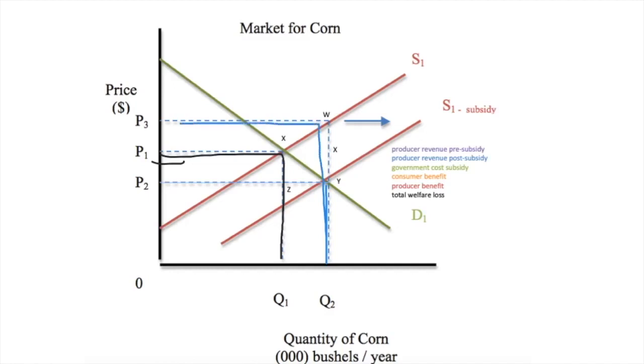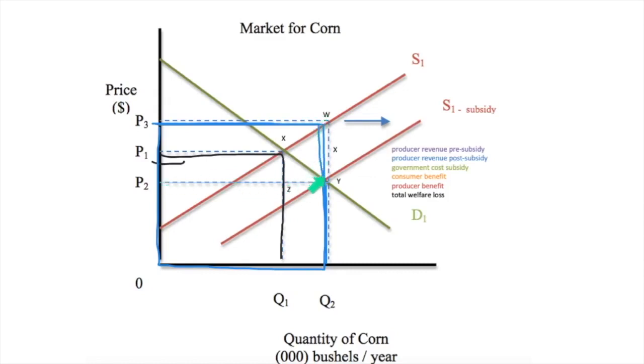P3 and then over. So the producer revenue post-subsidy is equal to that box there. Okay? Now what about the government? Well, the government got involved and they offered a subsidy for anyone who was selling corn, and they gave them $3.